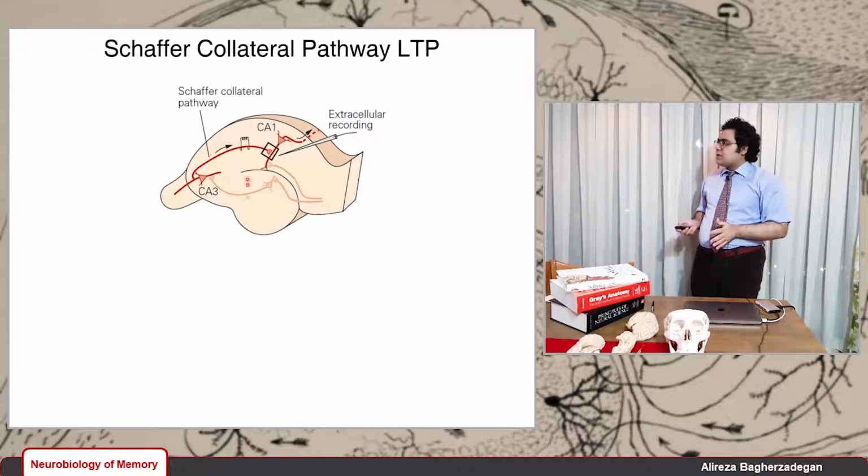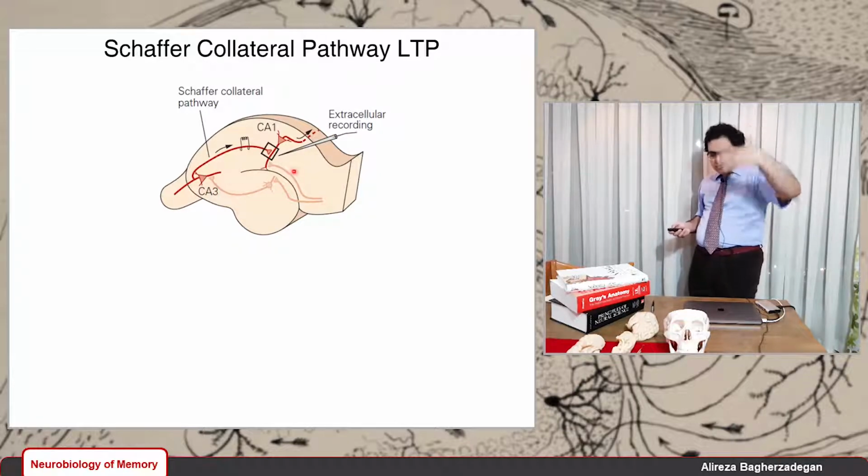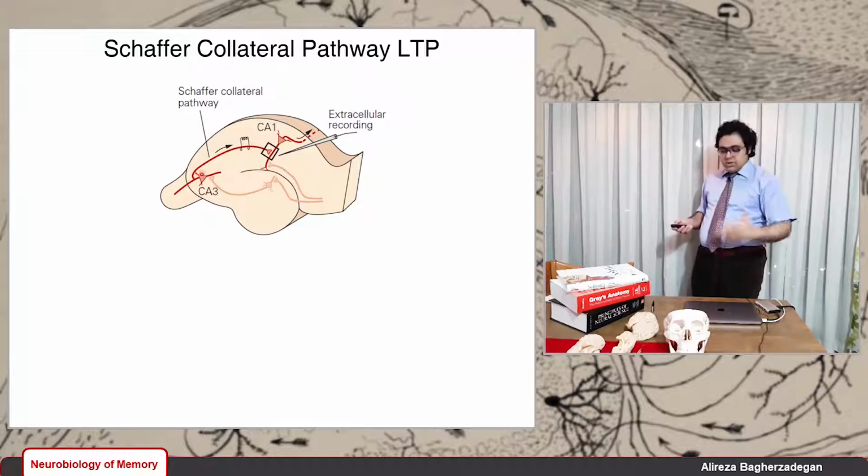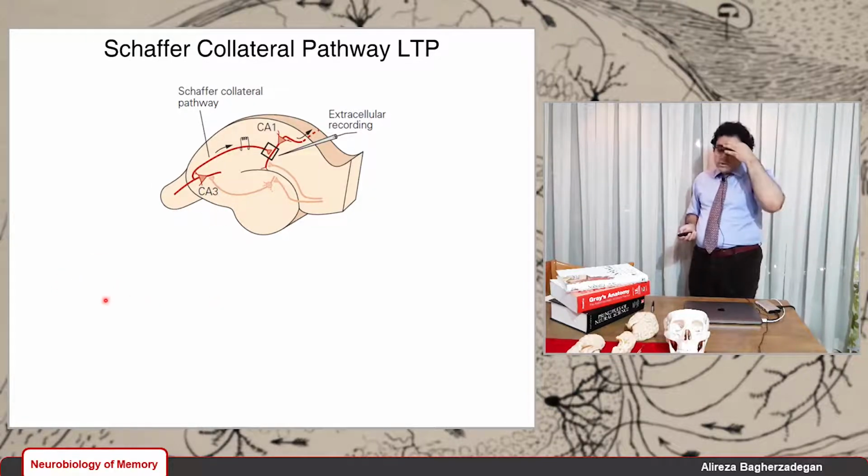The reason I showed you is because I told myself, okay, how do they record this, how do they slice, and how do they keep the neurons alive. So now I at least know how, not exactly. I don't know how to do that myself, but at least I know how scientists do that.